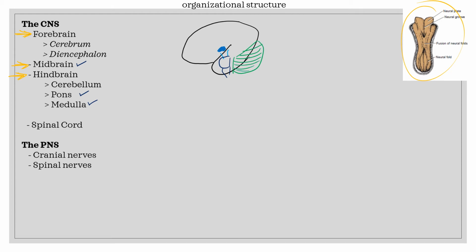Now remember guys, your cerebellum is part of the brain. It's not part of your brain stem. Okay, so your hindbrain may include your cerebellum, but when we're talking about brain stem, we're just talking about the three: midbrain, pons, and medulla. Okay, so I do hope it's clear.